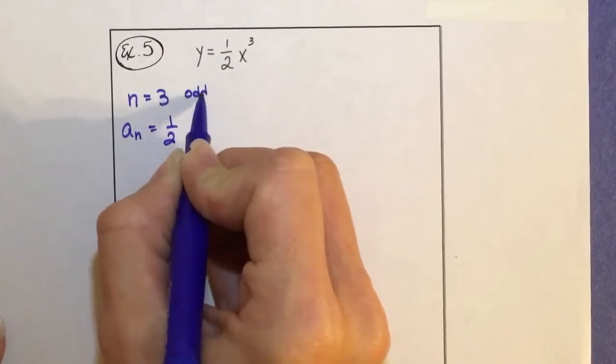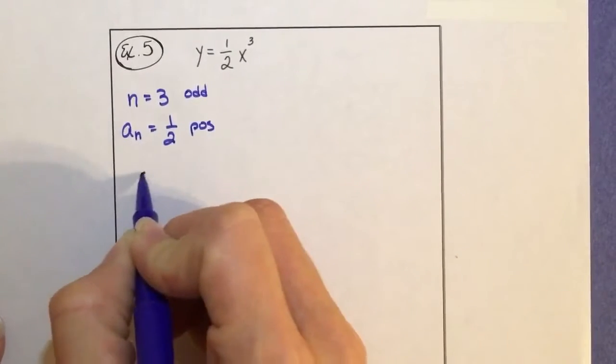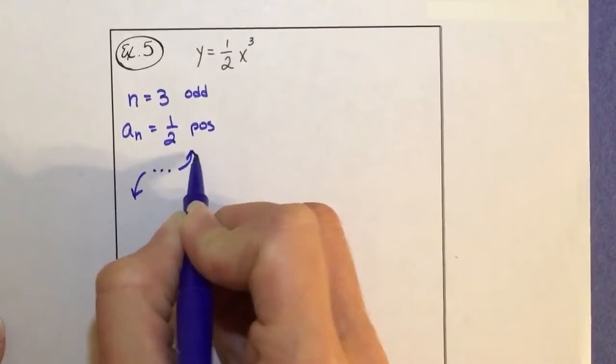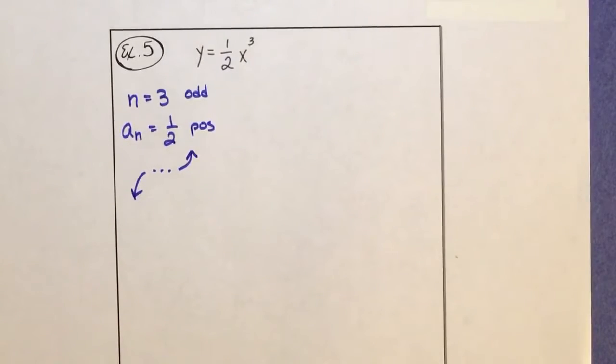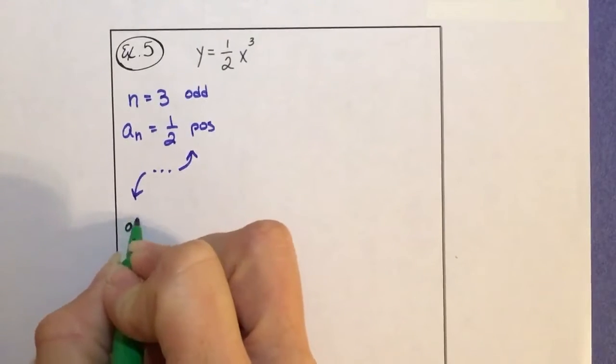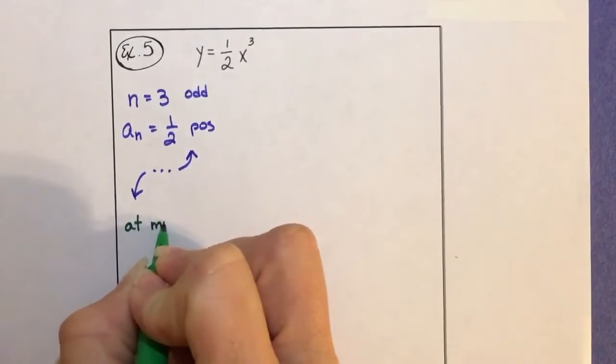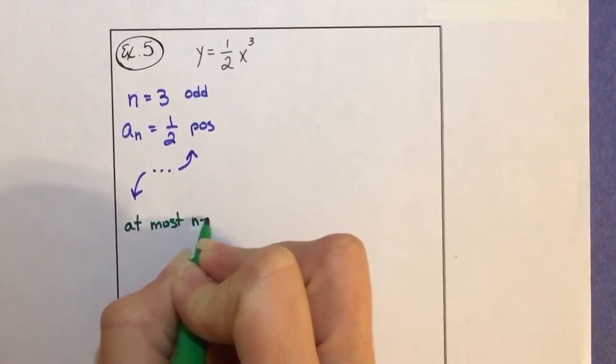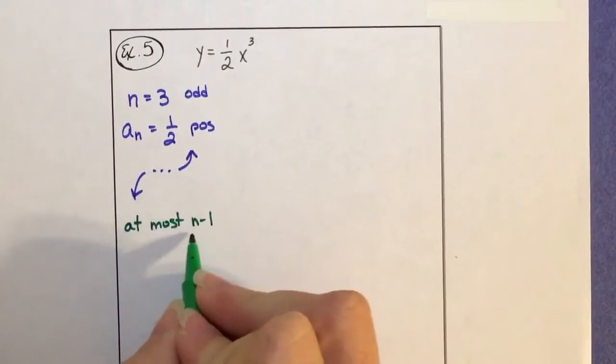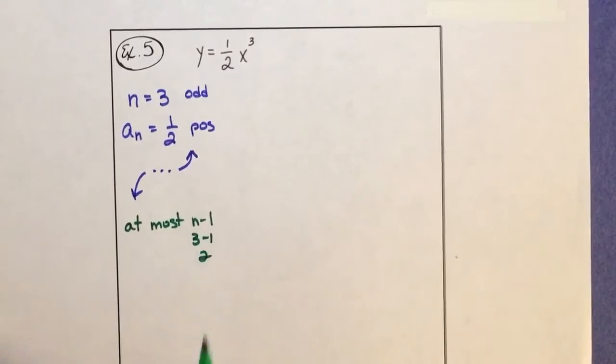So again, this is odd, this is positive, so it happens to be the same as that last one. The left end's going to be down and the right side's going to be up. Now, when you do your turning points, you remember it's at most n minus 1. So again, n is 3, minus 1 is 2. So it's at most 2 turning points, okay?